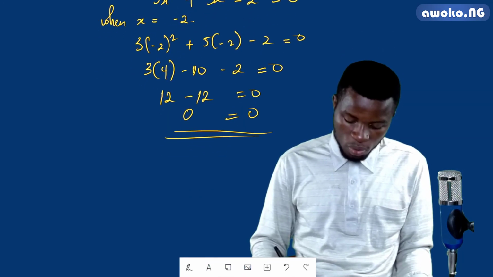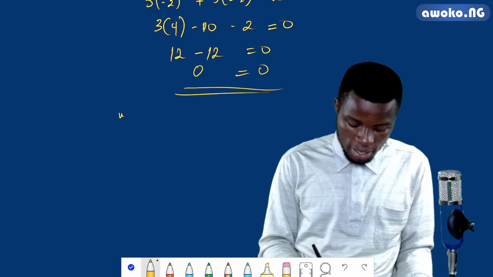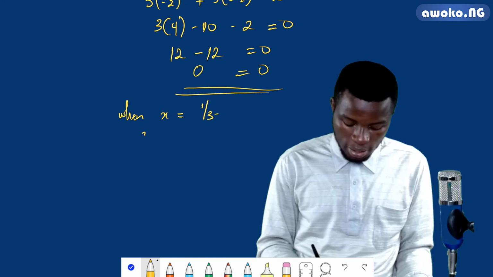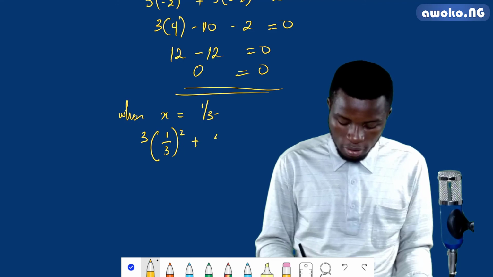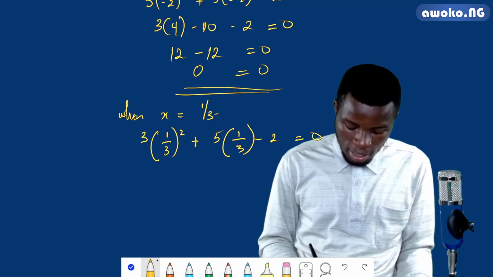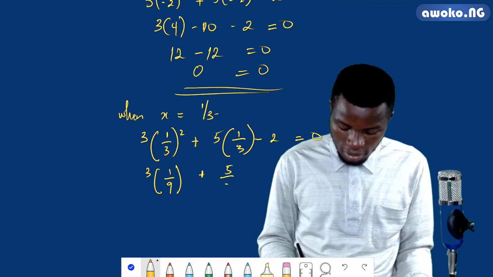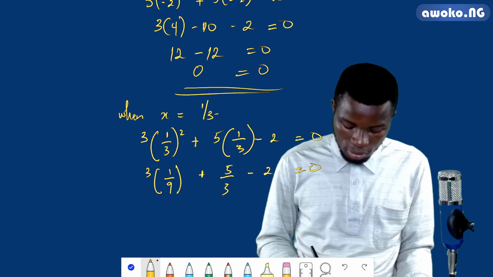As well, we can test for 1 over 3. So let's check. When x equals 1 over 3, then we have 3 into 1 over 3 all squared plus 5 into 1 over 3 minus 2 equal to 0. And this gives 3 into 1 over 9 plus 5 over 3 minus 2 equal to 0. This will give us, 3 goes here, 3.